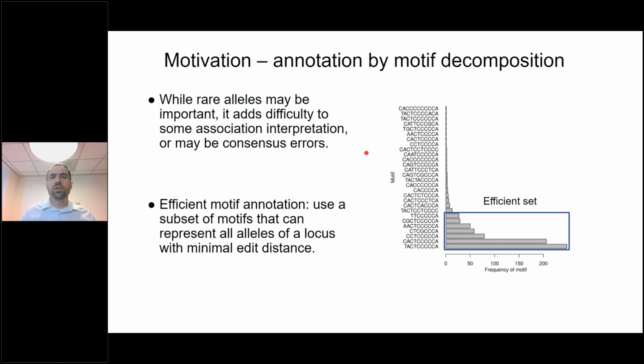We could just pick some frequency threshold and annotate all new VNTRs with the more frequently occurring motifs. But we elected to develop a method that uses a combinatorial approach to optimize on motifs selected from this full list that don't just optimize on frequency, but optimize on the edit distance between the full motif set and the efficient motif set that's chosen.